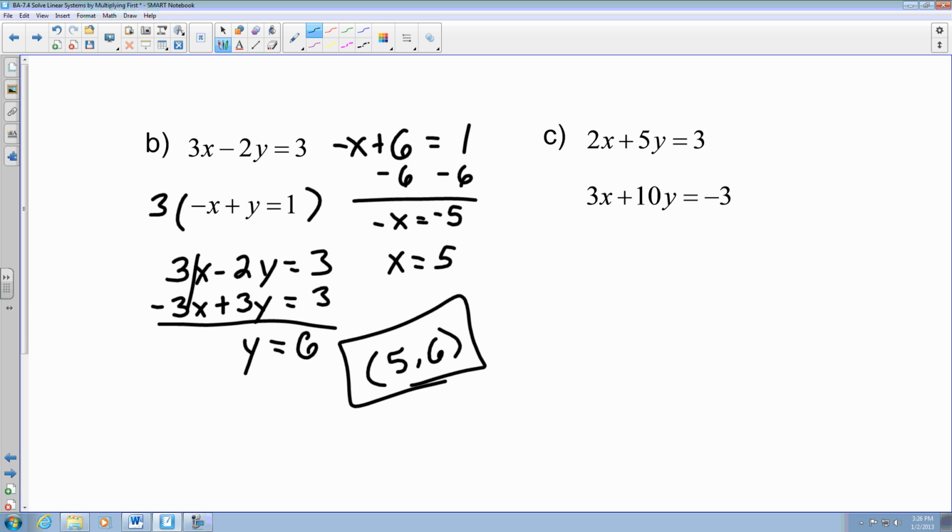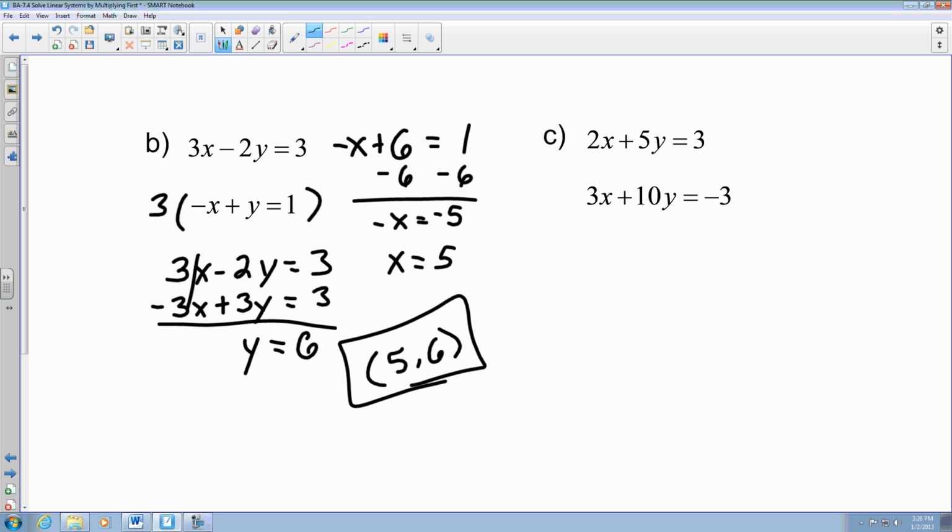Looking at C, I got 2x plus 5y equals 3, and 3x plus 10y equals negative 3. Both equations are in standard form, and I'm going to eliminate my y.